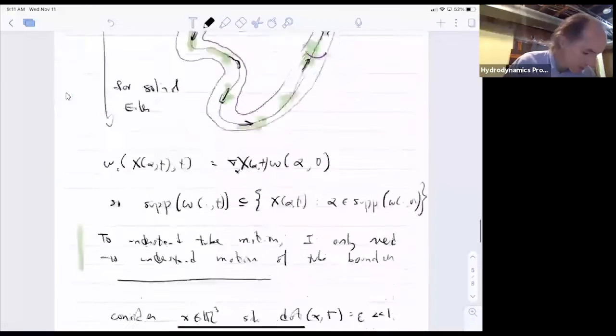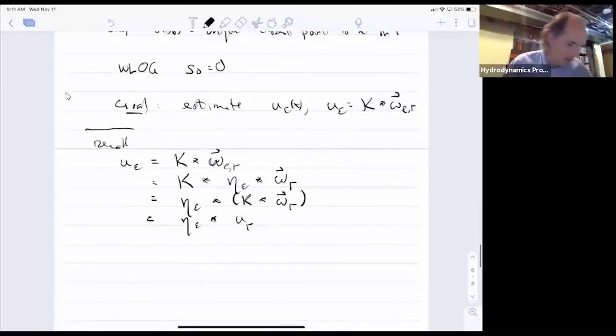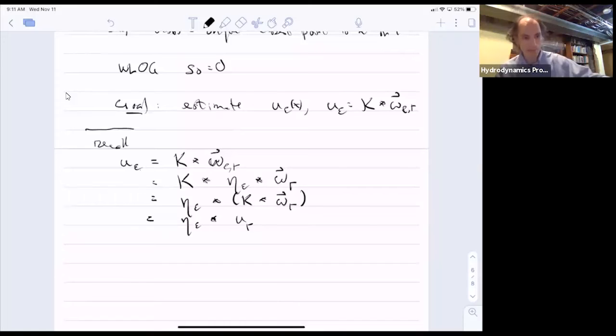This is stuff we said a while ago, but remember that the BSR kernel is harmonic. It's singular at the origin, but it's harmonic. So K of x is a matrix valued function, and every entry is harmonic away from x equals 0.